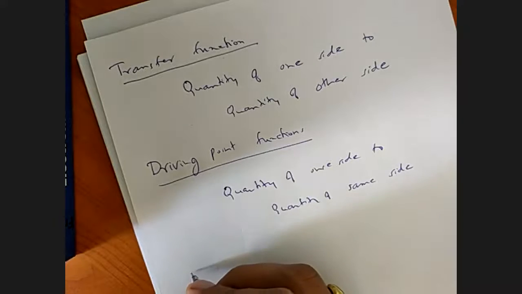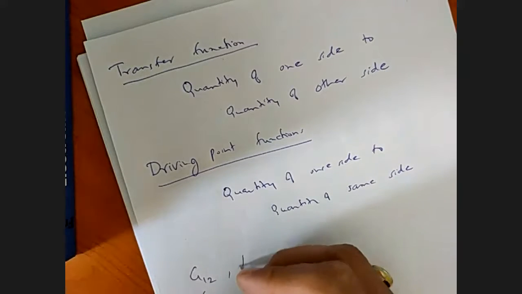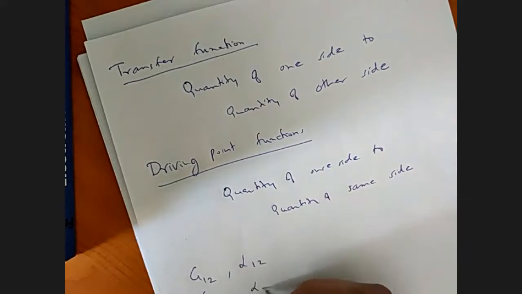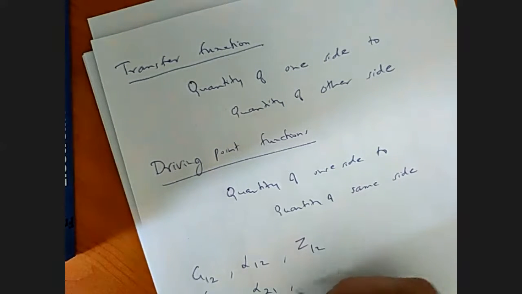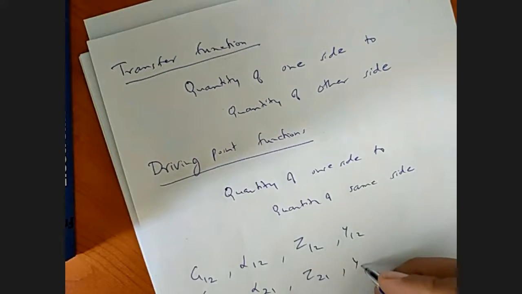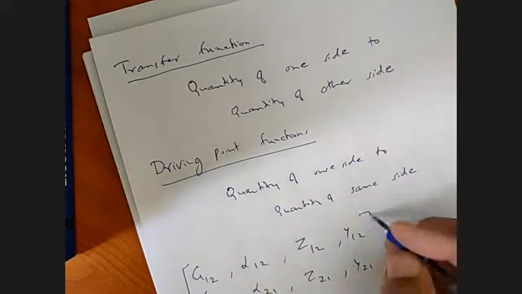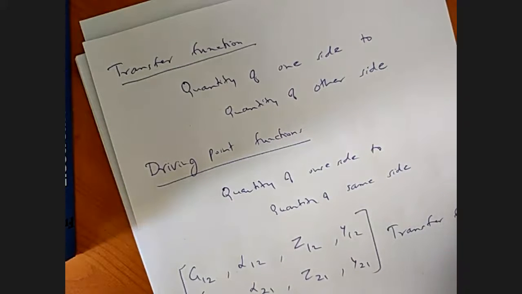So transfer functions will be G12 or G21, alpha12 or alpha21, Z12 or Z21, and Y12 and Y21. These are all transfer functions.